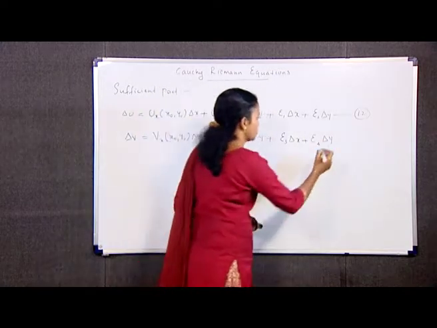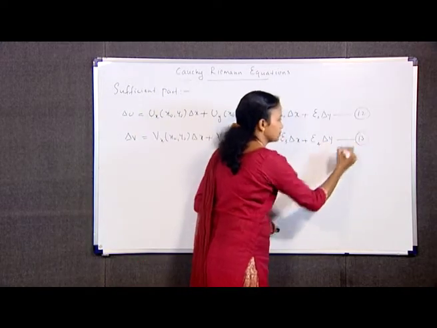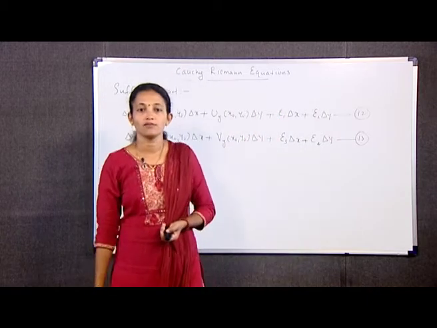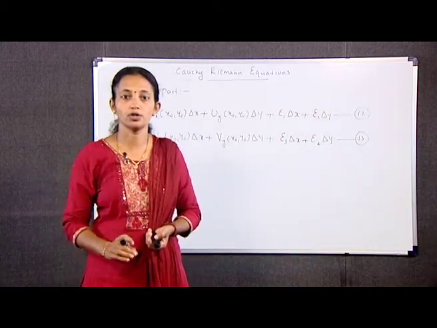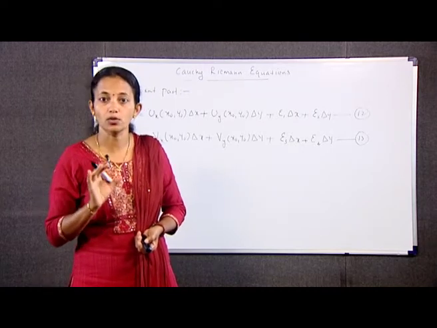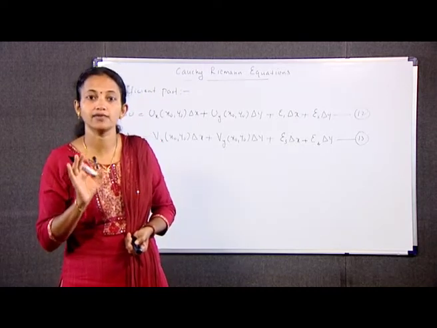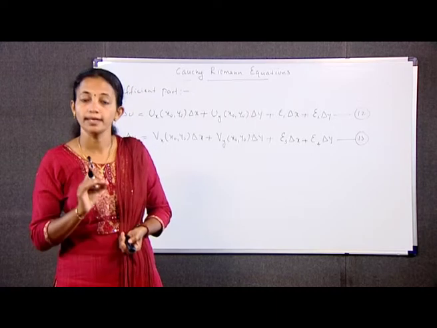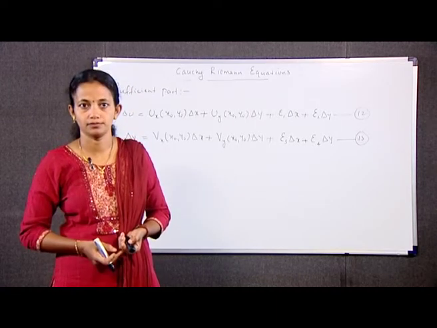Mark it as equation number 13, where epsilon 1, epsilon 2, epsilon 3 and epsilon 4 tend to 0 as (delta x, delta y) approaches (0, 0) in the delta z plane.